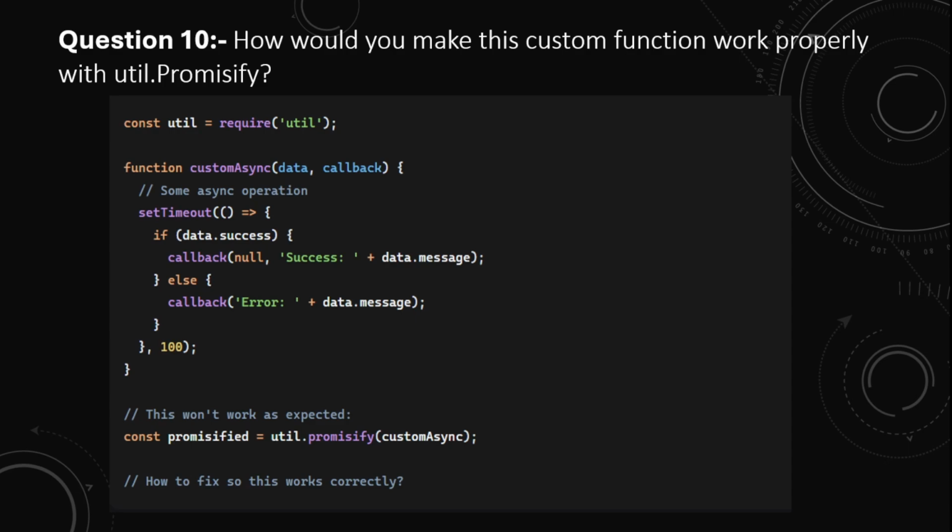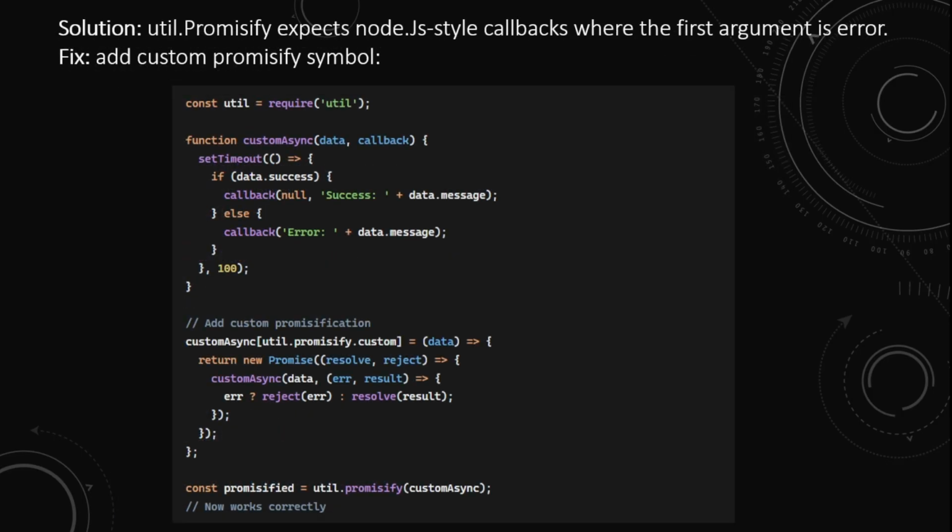So to solve this, util.promisify offers a custom symbol accessible via util.promisify.custom.